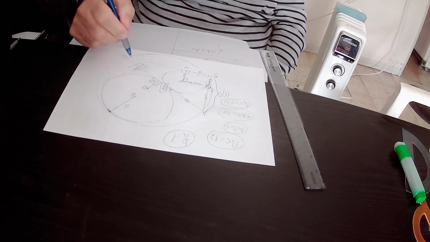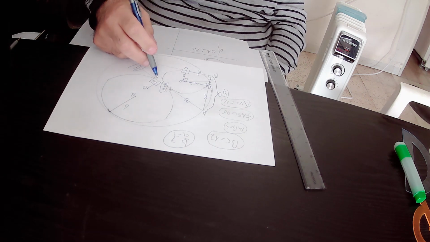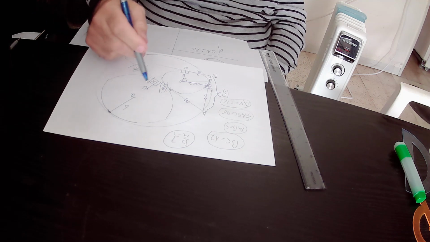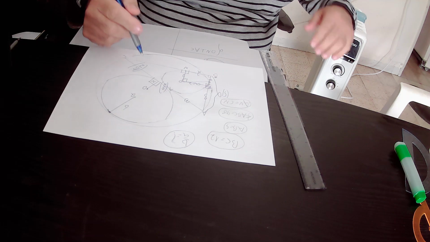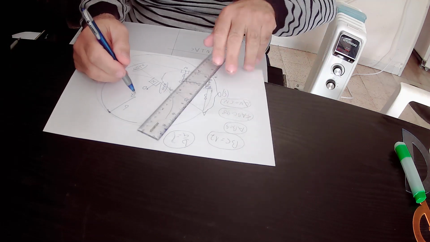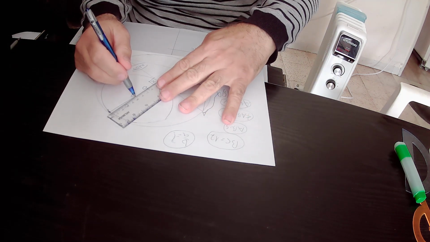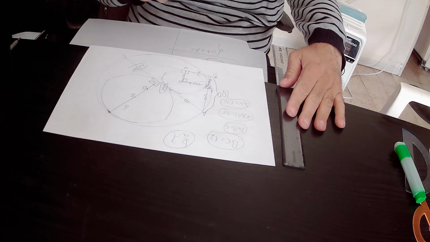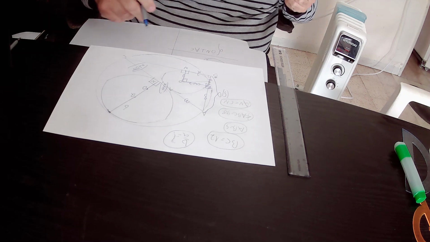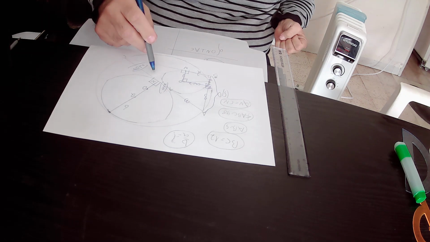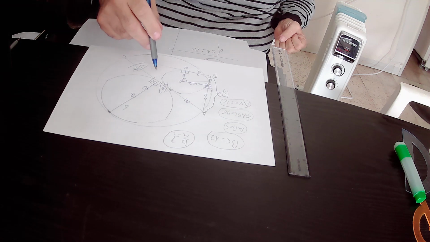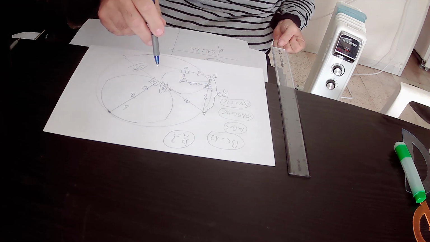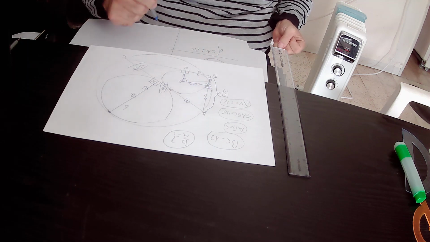Point Q is the center of this circle, point N is a point on this circle itself, therefore QN is the radius of this circle, equal to B. AC is tangent to the circle. N is the point of tangency of tangent AC with this circle.